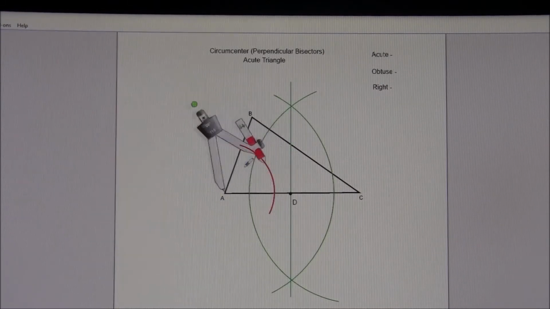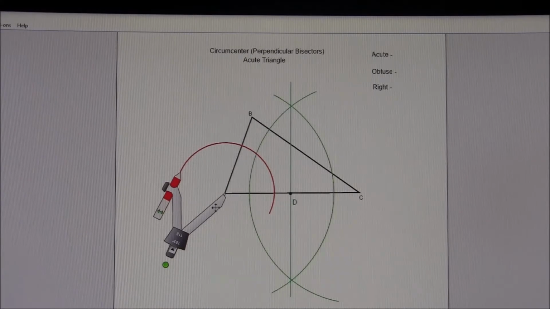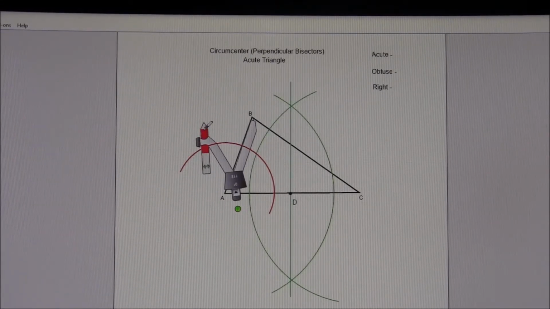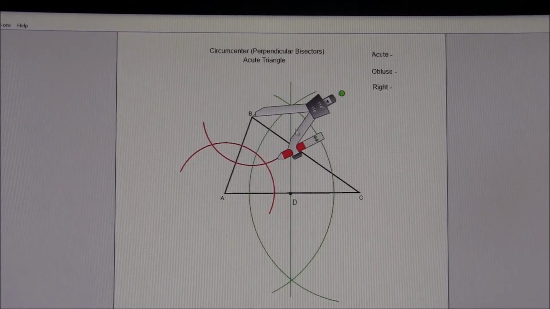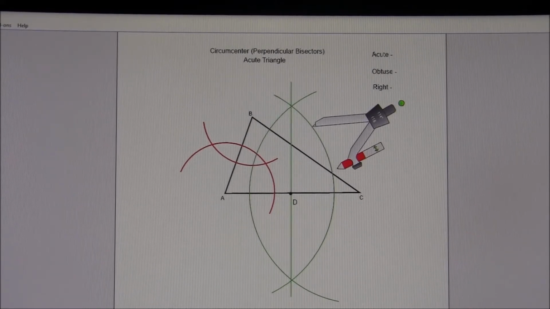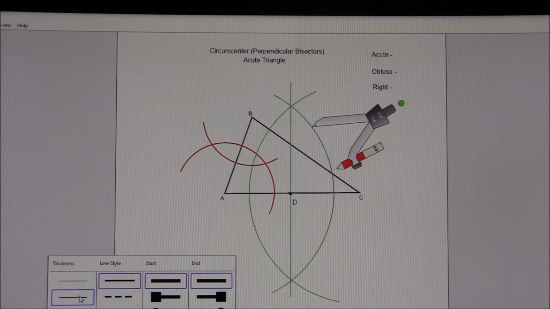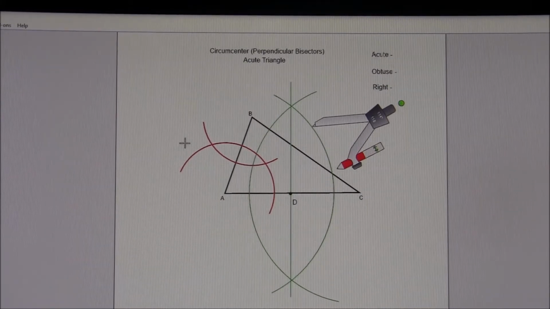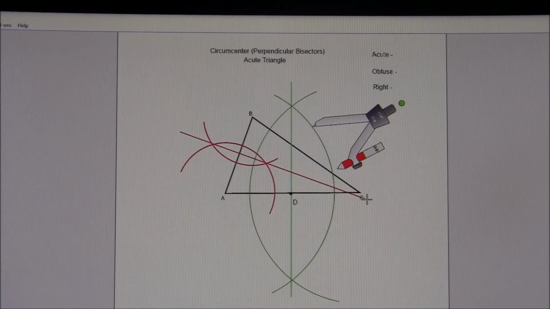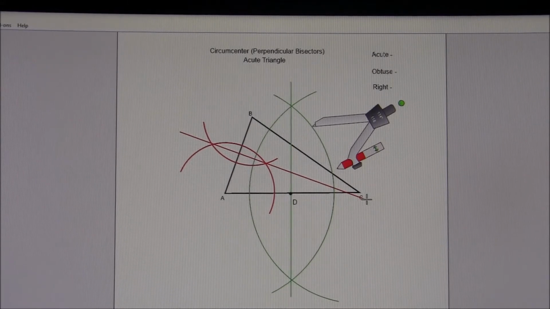And again, from this side, from this side, and now let's figure out where that is. You see I'm extending it because I need to see where it goes. So let's call that point right here E.